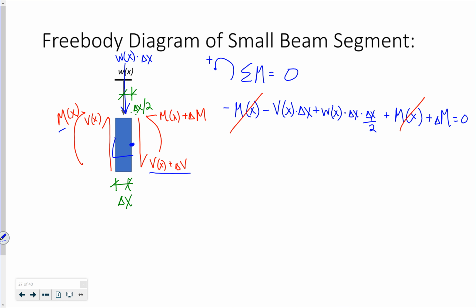Now I've got delta M is equal to V of x times delta x minus W of x delta x squared over 2.